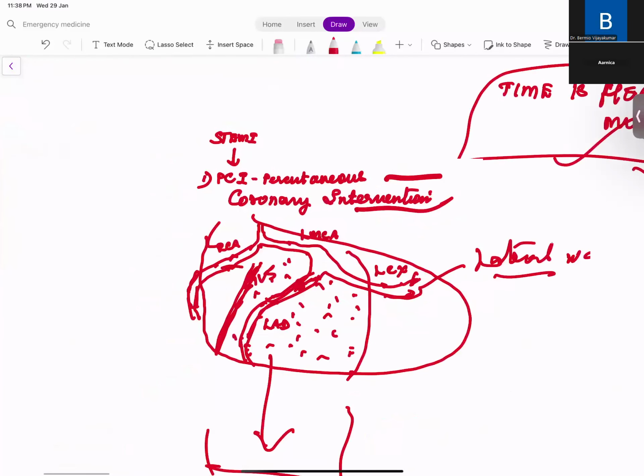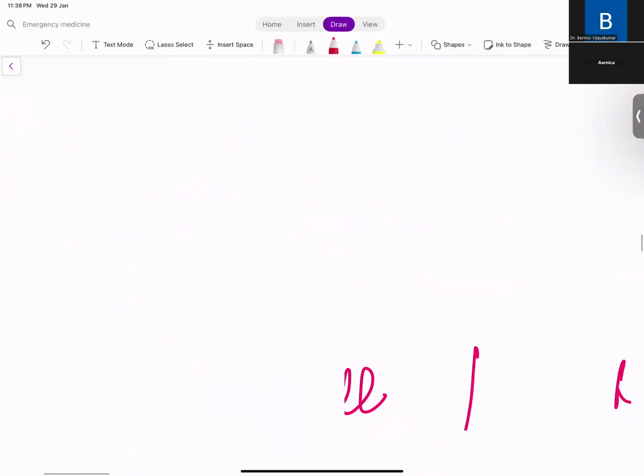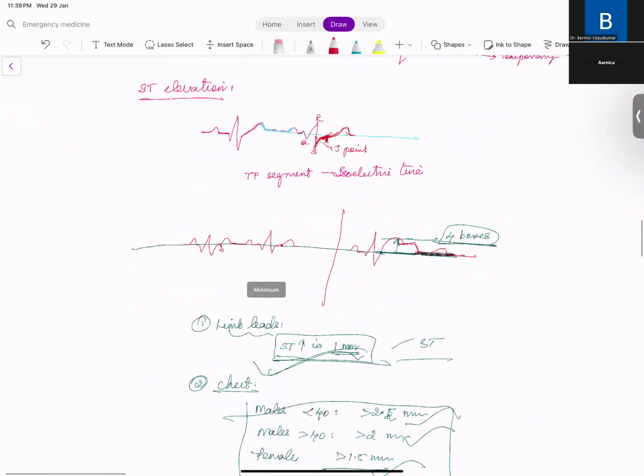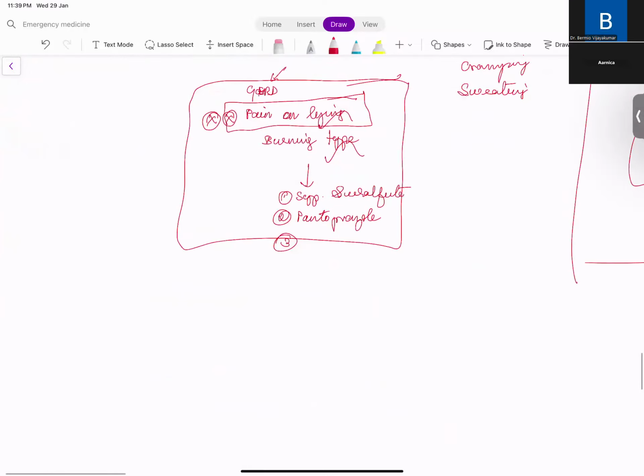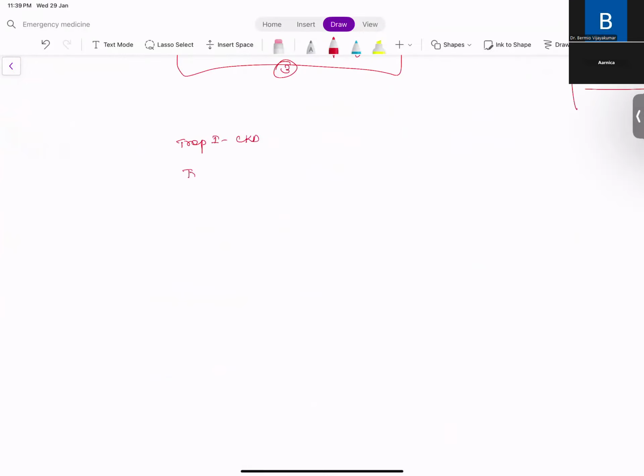So in the last 1 minute, I forgot to tell about the cardiac biomarkers. So I told you TROP-I should be sent in cases of CKD. TROP-T is preferred over CPK-MB because CPK-MB starts to rise only after 12 hours maybe, whereas TROP-T starts to rise in 6 hours.